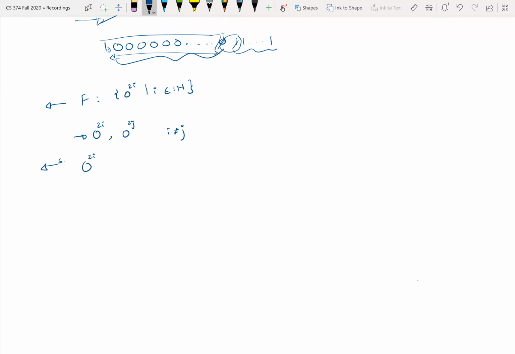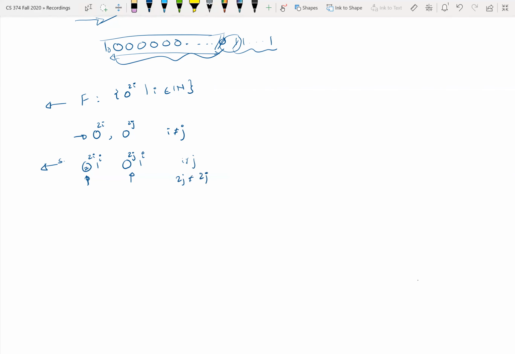So what would a distinguishing suffix for this be? I want one of them to belong to L and one of them to not belong to L. Let's say I want this string to belong to L. Then I can only add 1 to the i, because adding 1 to the i makes it in L. And if I add 1 to the i over here, since i is not equal to j, 2j is not equal to 2i.